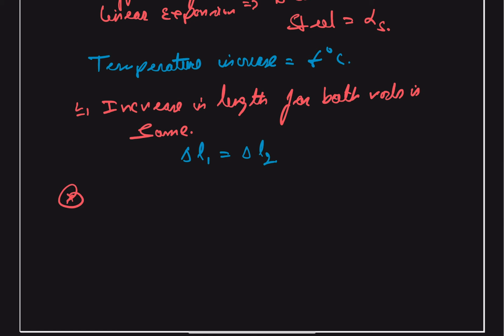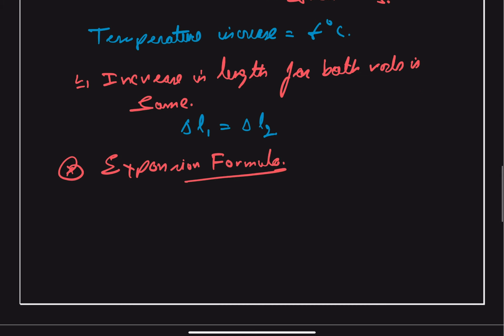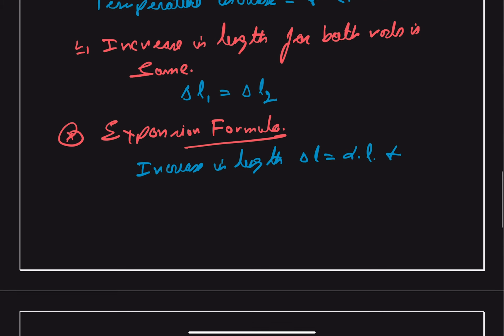So the increase in length, that is delta L, is given as alpha, the coefficient of linear expansion, multiplied by the length and multiplied by T. So we can rewrite this equation for the aluminium as well as for steel.